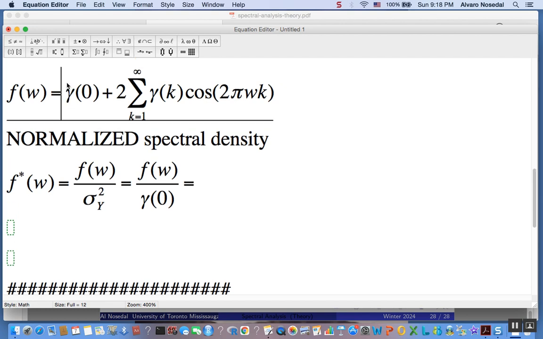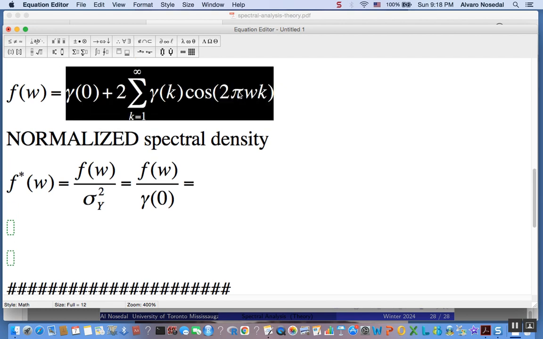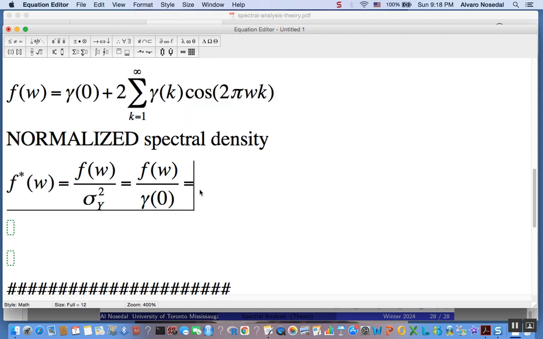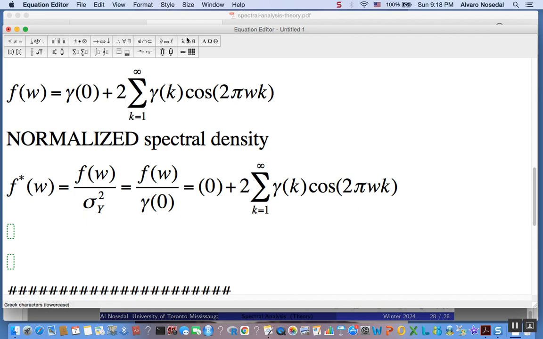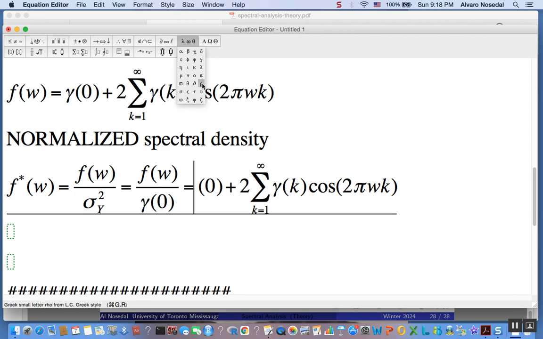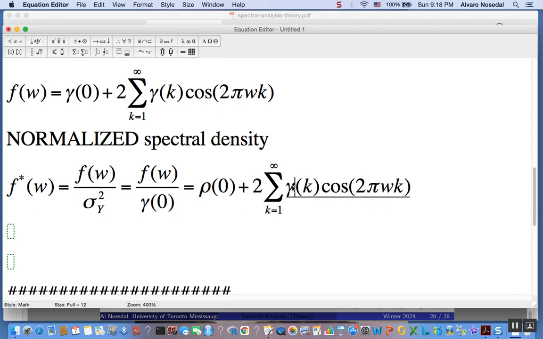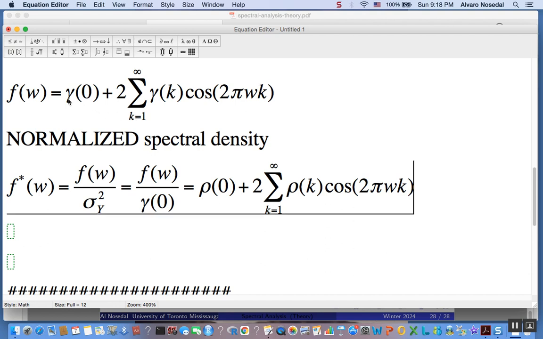So let me just copy paste this one, and this is going to be rho, the autocorrelation function, instead of the autocovariance function, because all that we're doing is dividing this by gamma at 0.